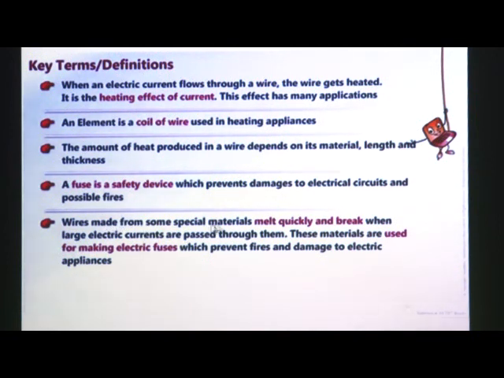Wires made from some special materials melt quickly and break when large electric currents are passed through them. These materials are used for making electric fuses which prevent fires and damage to electric appliances. Okay. So these terms and definitions are given here after this video.